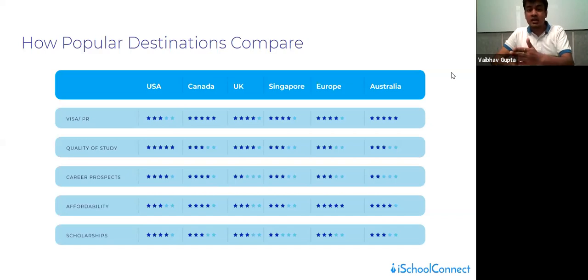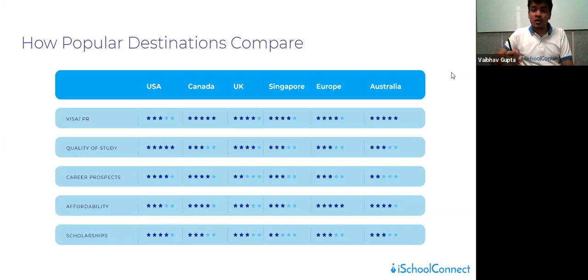Canada and Australia, if you see, are the most relaxed countries when it comes to visas and PRs. That's why they have received a 5-star rating on the visa and PR. People who wish to stay abroad post their education prefer Canada and Australia because they have one of the easiest visa and PR policies.